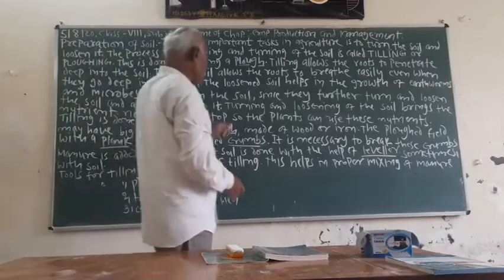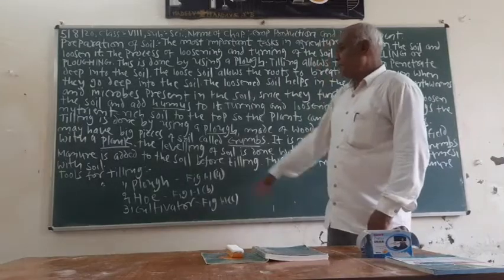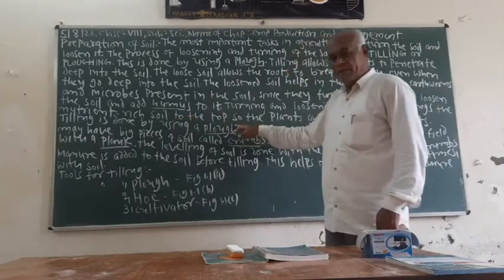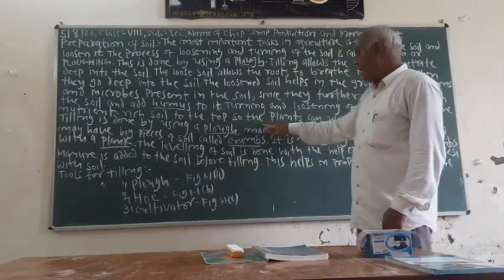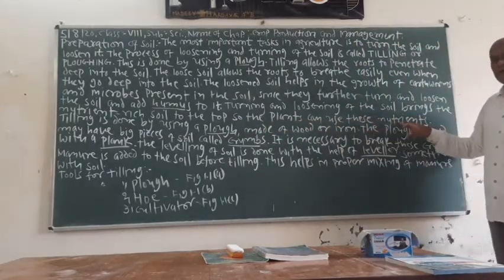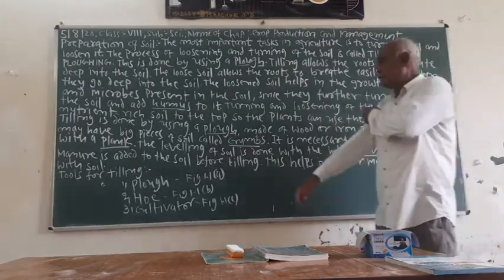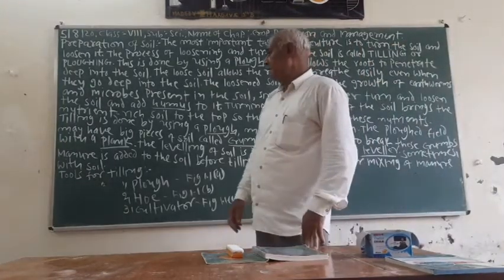So, turning and loosening the soil brings the nutrient-rich soil to the top, so the plant can use these nutrients easily and their growth is balanced.